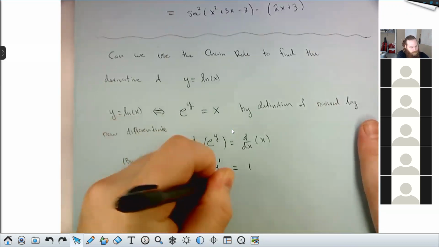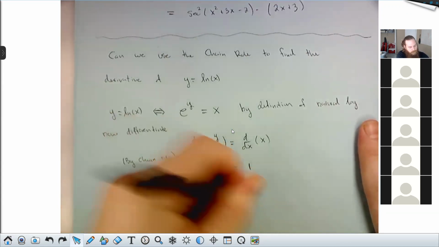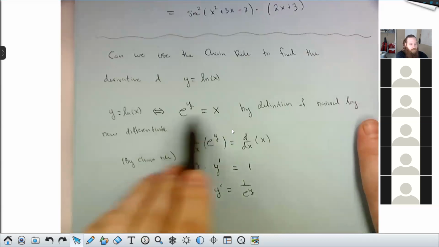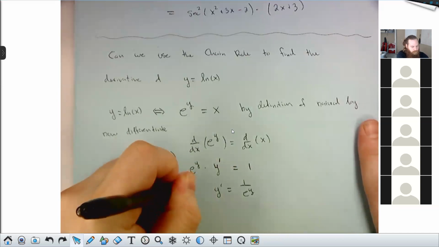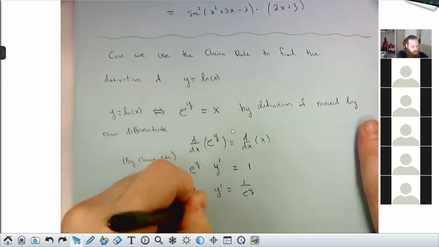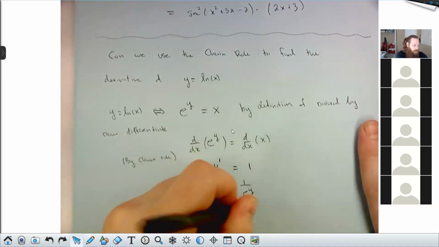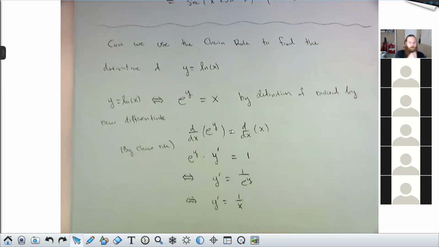This implies that y primed is 1 over e to the y. But e to the y is x. So y primed is 1 over x. In other words, the derivative of ln x is 1 over x.